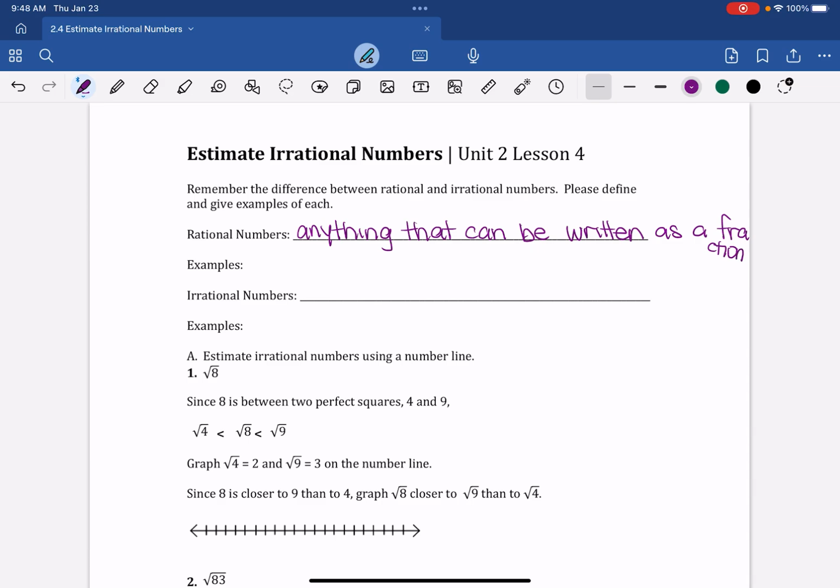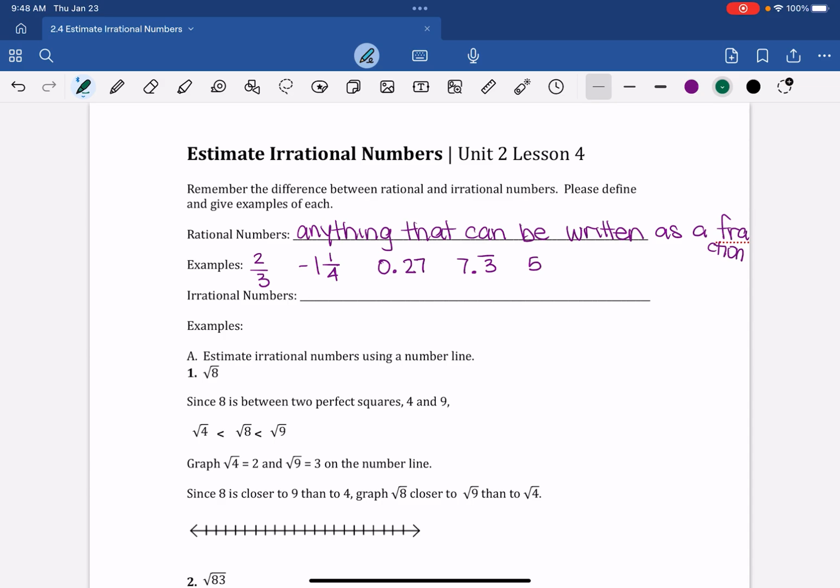So for example, we could have 2/3 because that's a fraction. We could have -1 1/4, also a fraction. Okay, 0.27 is a terminating decimal, and you can take any terminating decimal and write it as a fraction. You could do 7.3 repeated because repeating decimals can be written as a fraction. Or 5 because you could do 5/1, and that's also a fraction.